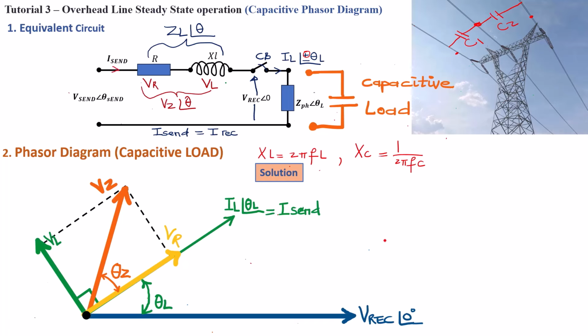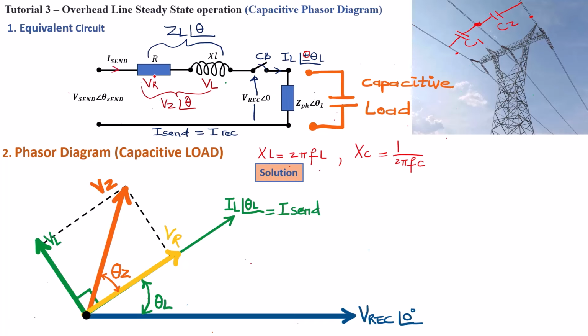The next thing we need to do is make a projection, or basically draw the sending end voltage, because we've got the receiving end voltage, which is V rec at a reference of 0 degrees. Now we need the sending end voltage. We know that the sending end voltage is going to be slightly higher than the receiving end voltage.